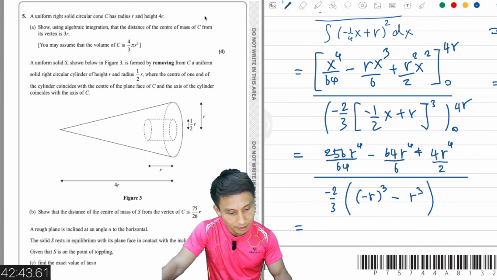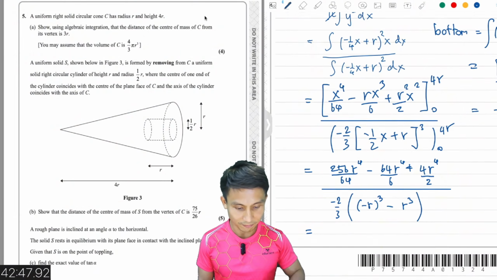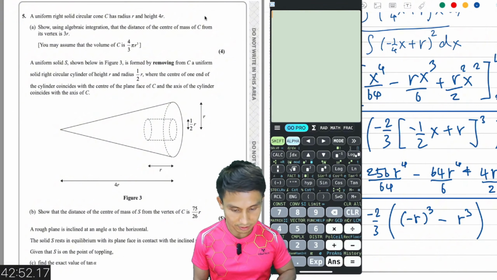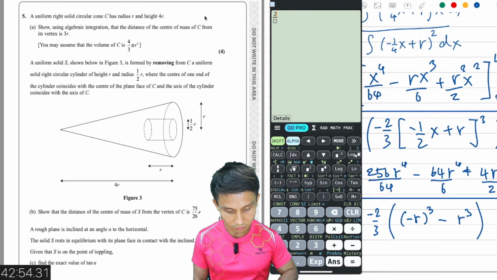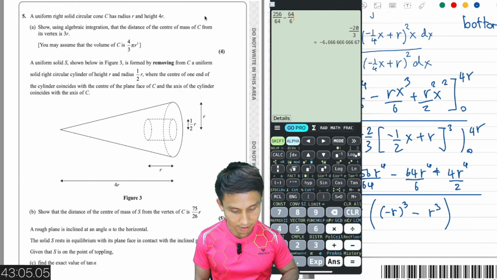Okay, so the top bit is what? I'm just gonna factorize r to the 4 out and just do the fraction there, guys. So that's fraction 256 over 64, wait, what? Minus 64 over 6, yeah, and then plus 4 over 2 is 2.